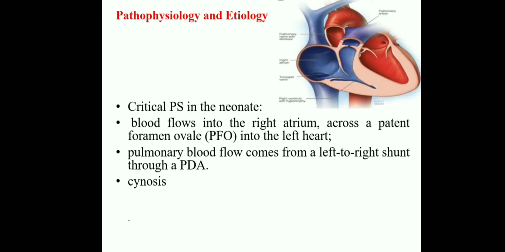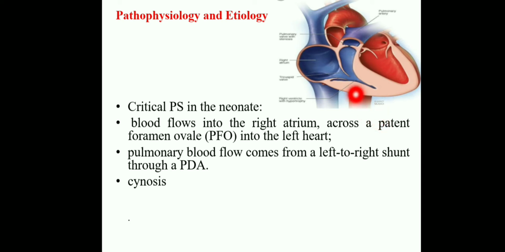Coming to the pathophysiology and etiology of pulmonary stenosis. In critical pulmonary stenosis in neonates, blood flows into the right atrium and across the patent foramen ovale, that is PFO, into the left heart. The pulmonary blood flow comes from the left to right shunt through a patent ductus arteriosus.